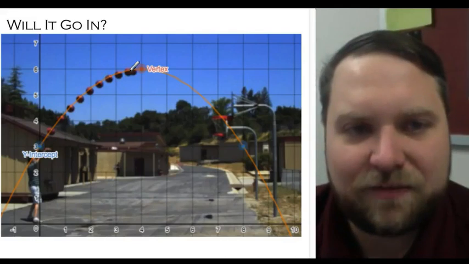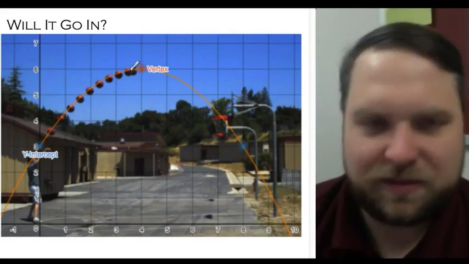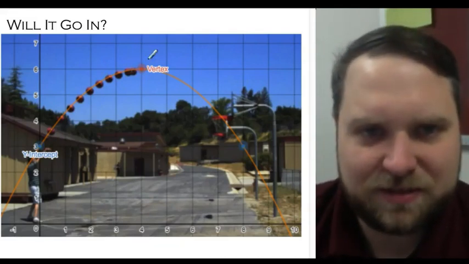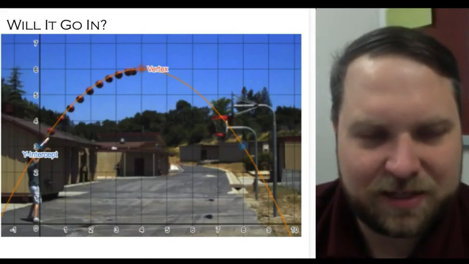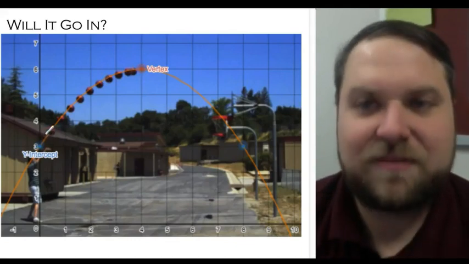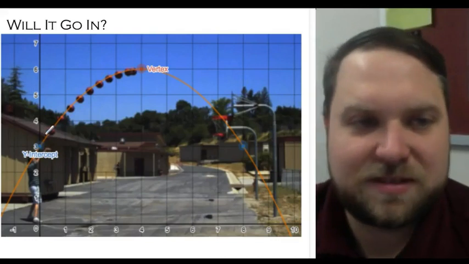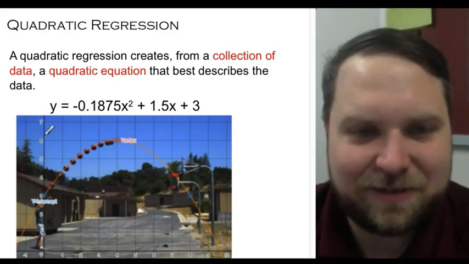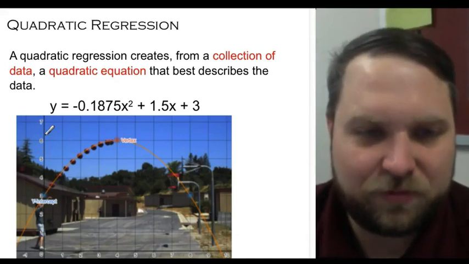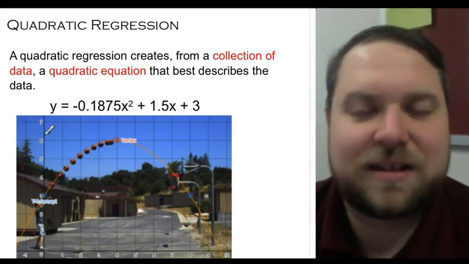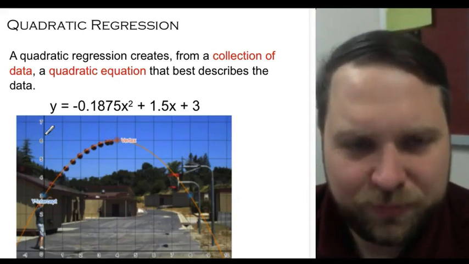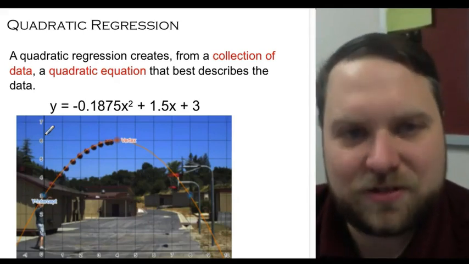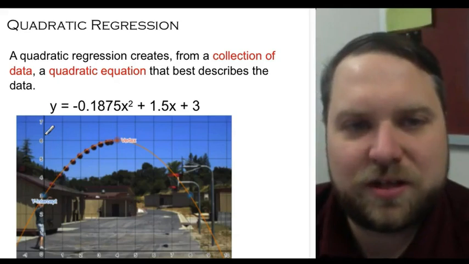Once I have the graph, you'll notice that on this graph I have the vertex right there. I have the y-intercept. I seemingly have everything I need to write an equation for this, and it turns out that we actually can. And this is that equation for the parabola that you see modeled on that. And the process of getting this equation is called a quadratic regression.